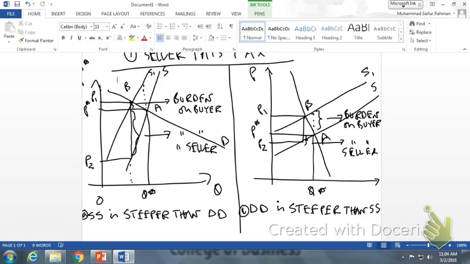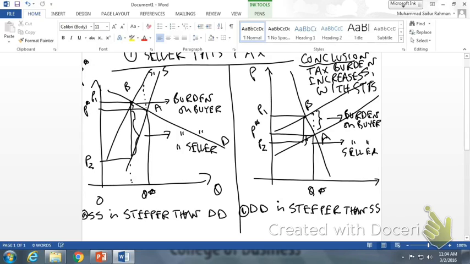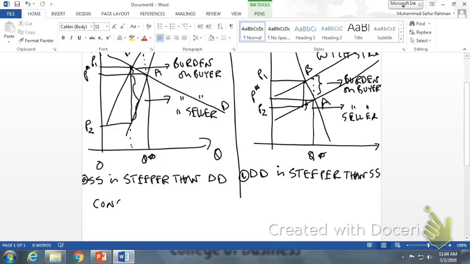So, conclusion. Tax burden increases with steepness.